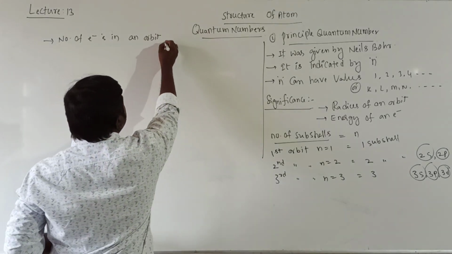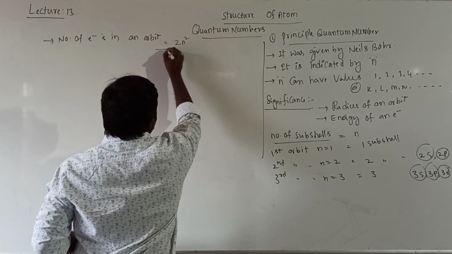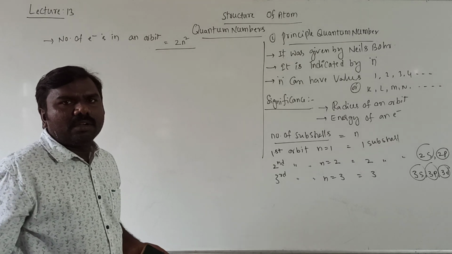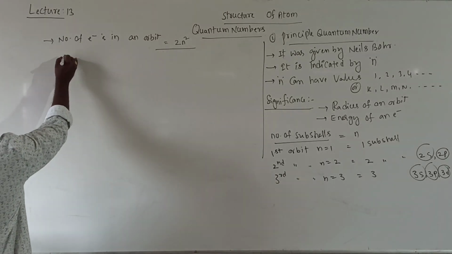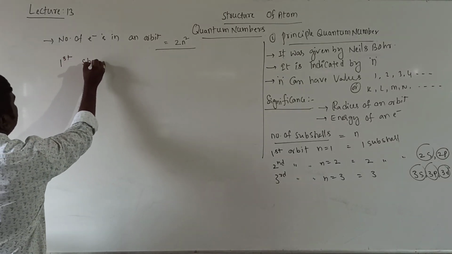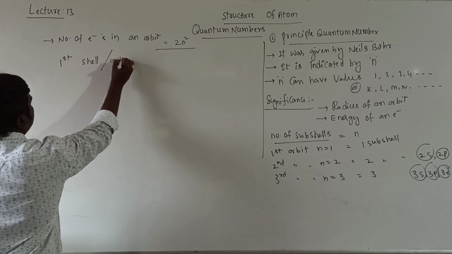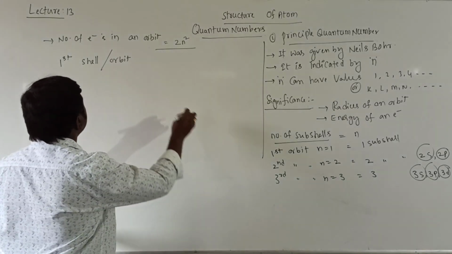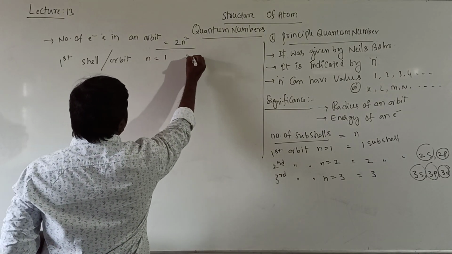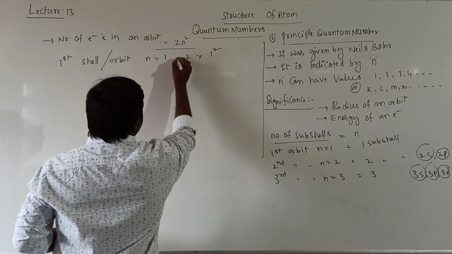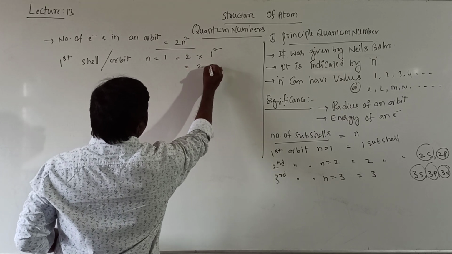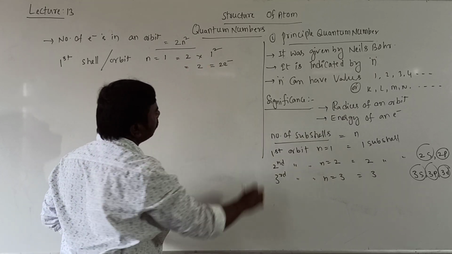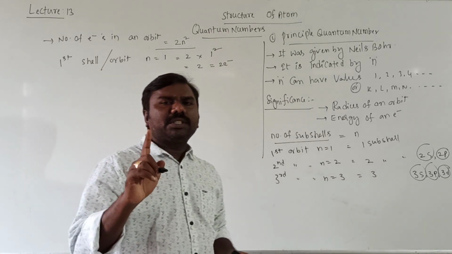The formula is 2n square, very, very important. For example, in the first shell, n equal to 1, 2 into 1 square, that is 2 electrons.